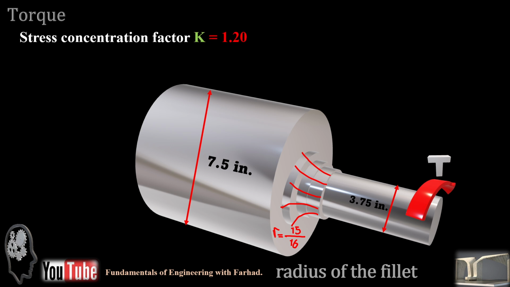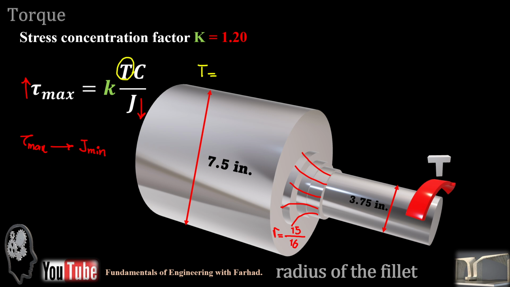So to calculate the torque, now we have a stress concentration factor of 1.20. Tau maximum is Tc over J times the concentration factor. Definitely tau maximum is at the smaller part, which has the smaller polar moment of inertia, J min.